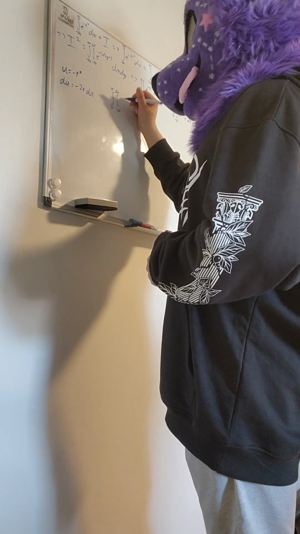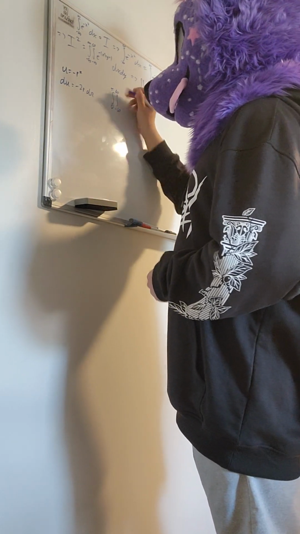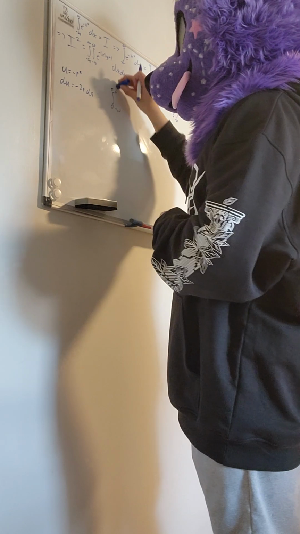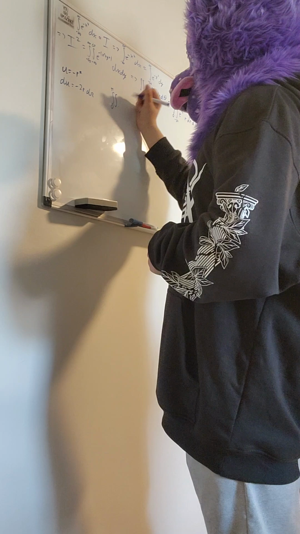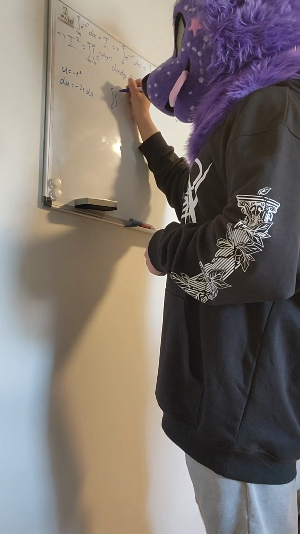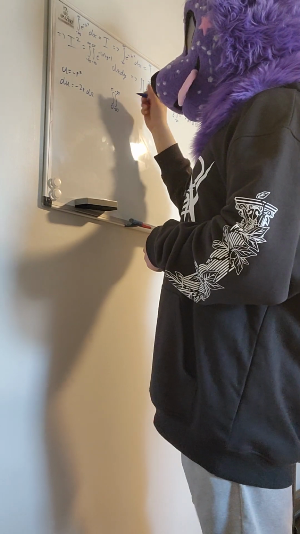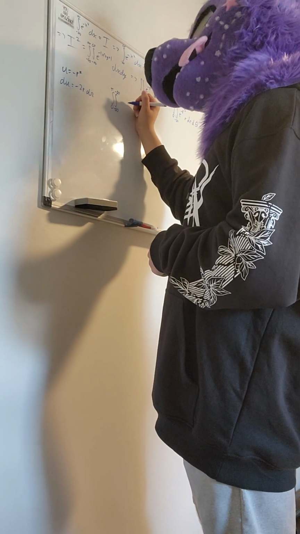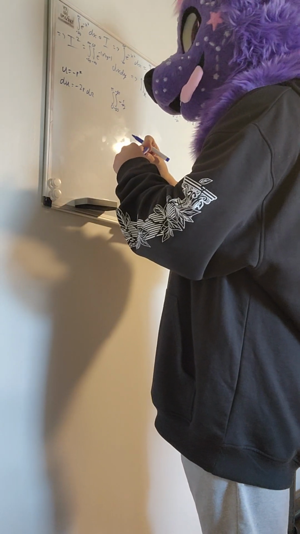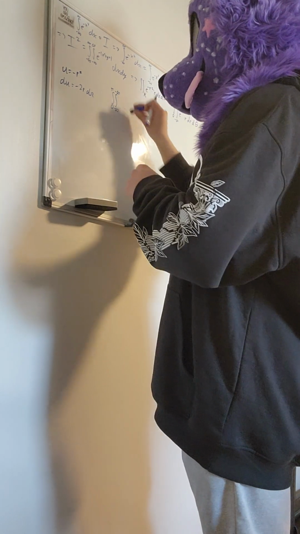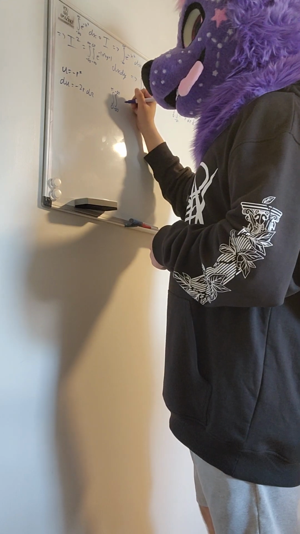For now, we're just going to keep the r's, but you can kind of see the relation between these. What we basically end up with is negative 1 over 2.